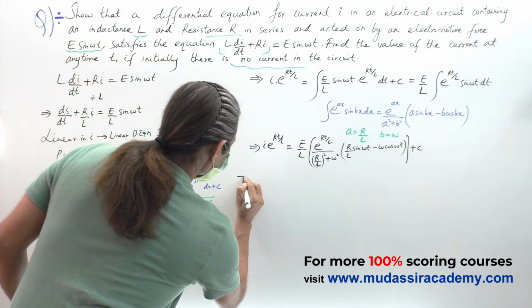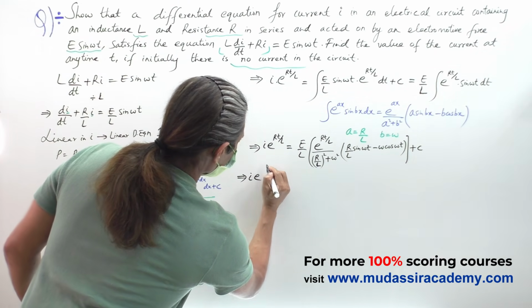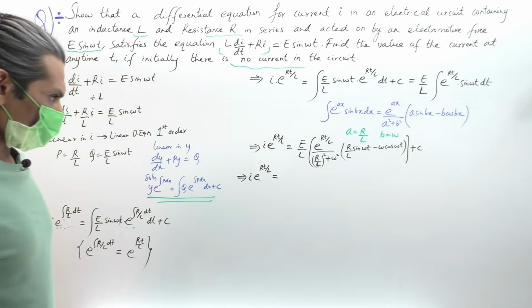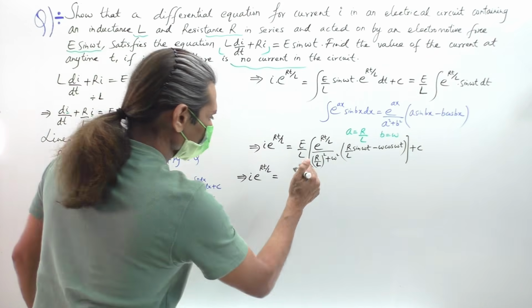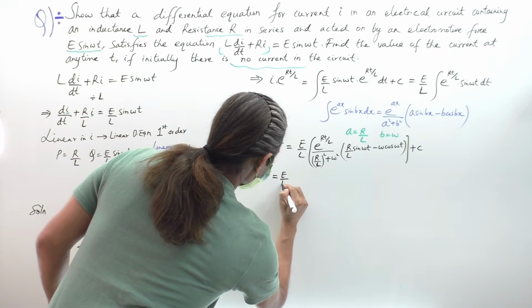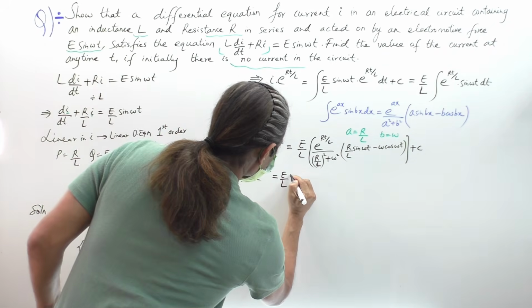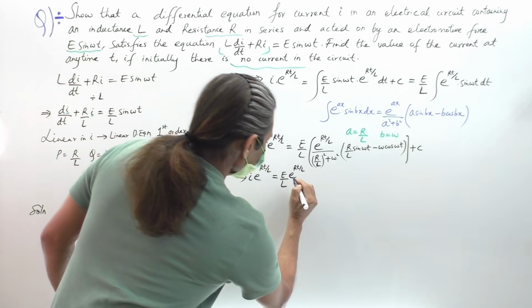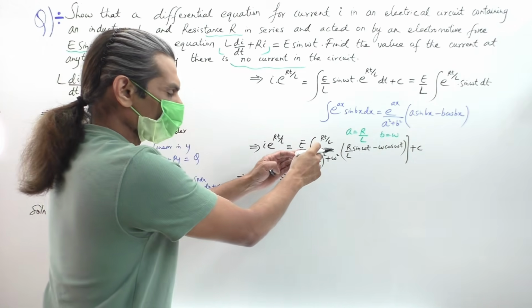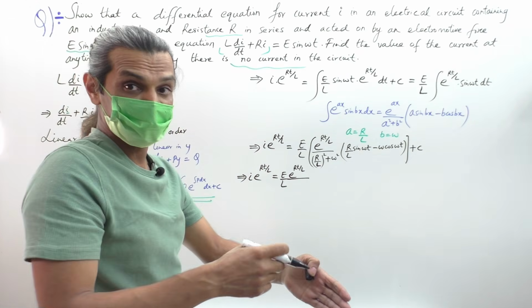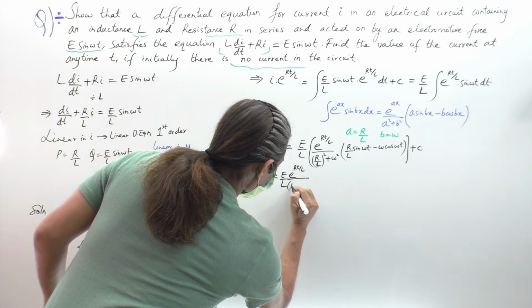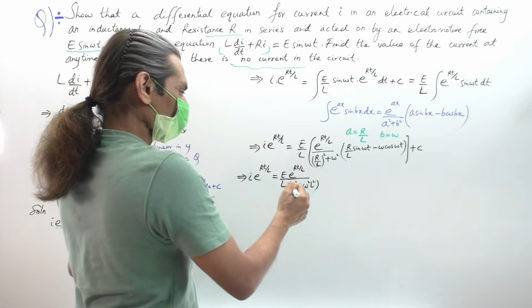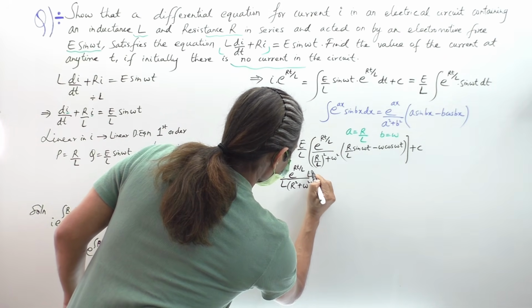Now that implies I into e raised to rt whole divided by L is equal to, I'll take the LCM. So this will be E by L into e raised to rt by L as it is. For the bottom, when I take the LCM, r by L whole square will be r square by L square. It will be r square plus omega square L square, and L square will go to the top.